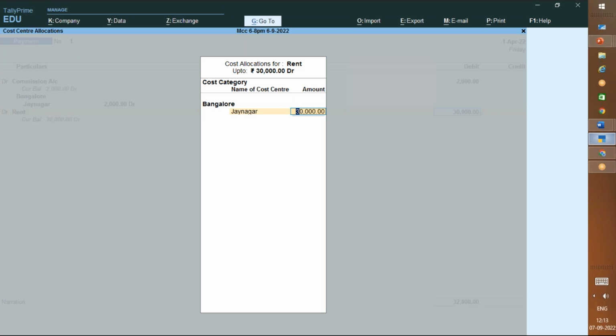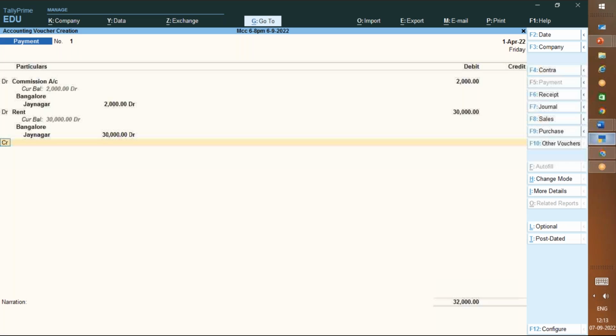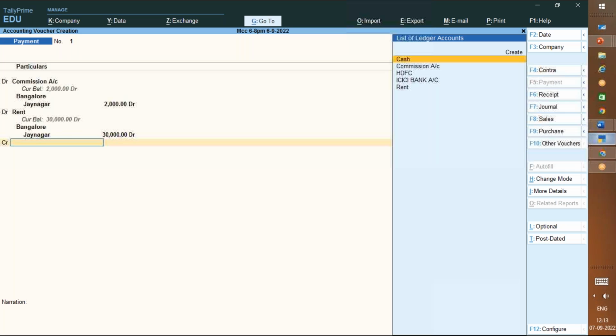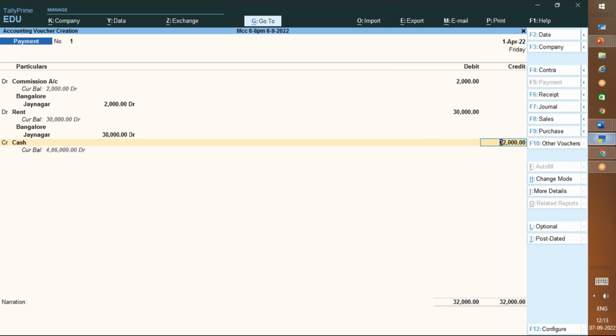Jainagar. Credit, cash, automatically 32,000. Paid, or you can also give paid through cash, anything.